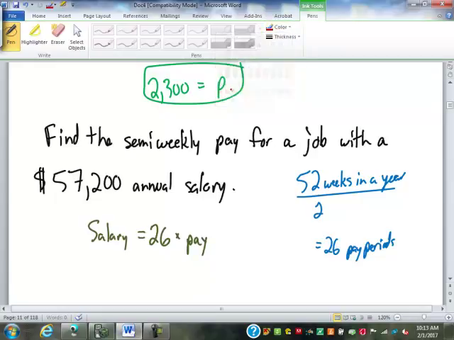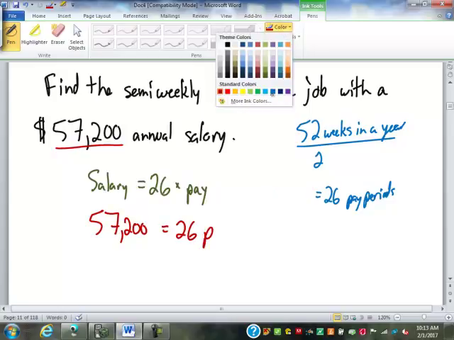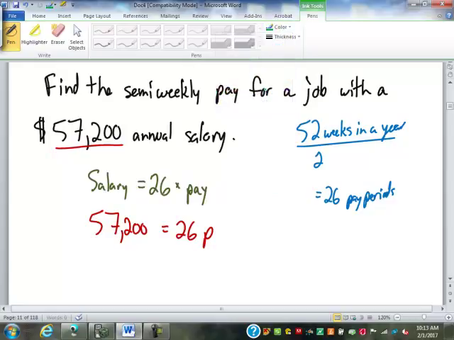So we can put in here the 57,200 is our salary. Equals 26, and we'll just leave P as our variable for our pay. So to solve it, we're going to divide by 26. So our bi-weekly pay is $2,200 every 2 weeks.